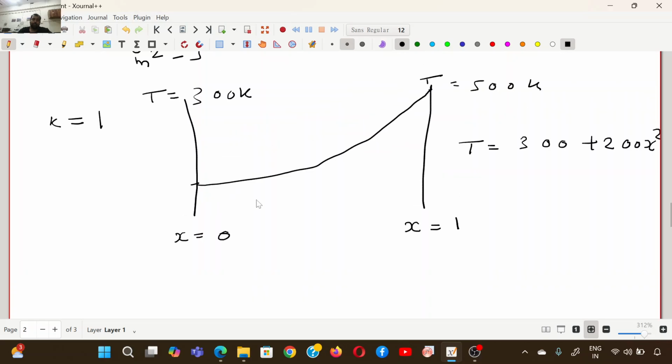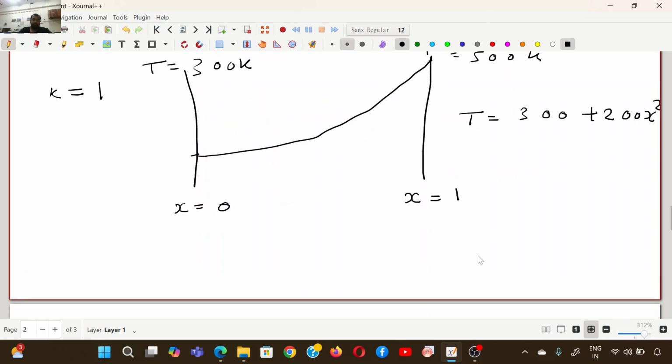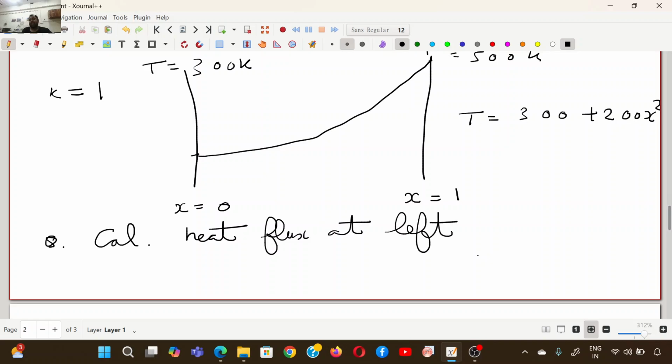So we have noted down this problem. The question here is to calculate the heat flux at the two walls, left and right boundary.